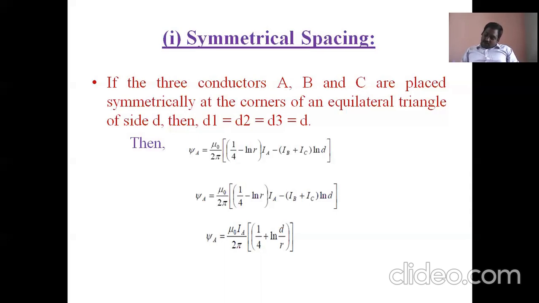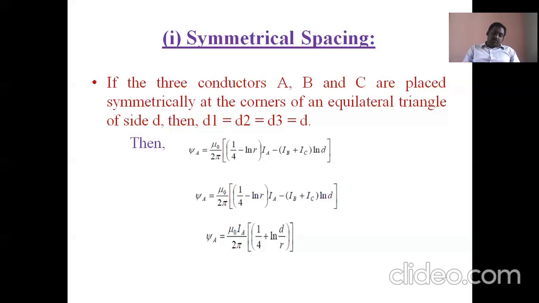So then psi a is equal to mu naught by 2 pi, 1/4 minus log r into Ia plus log d into Ia, which means natural logarithm of d by r. Taking Ia common, we get 1/4 plus Ia natural logarithm of d minus natural logarithm of r.